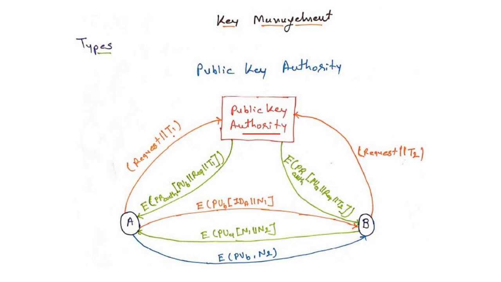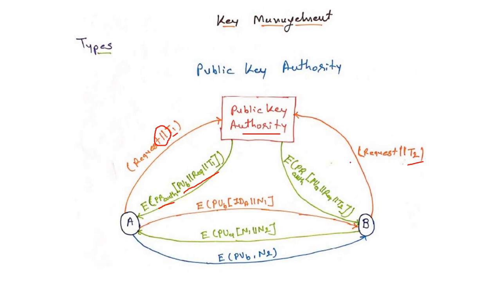Here A is requesting, at time slot T1 and T2. After receiving the request from A, the public key authority will reply with the public key of B, appended with the request and the time slot 1. And that is a private authority, which means it is privately authorized by the private authority.